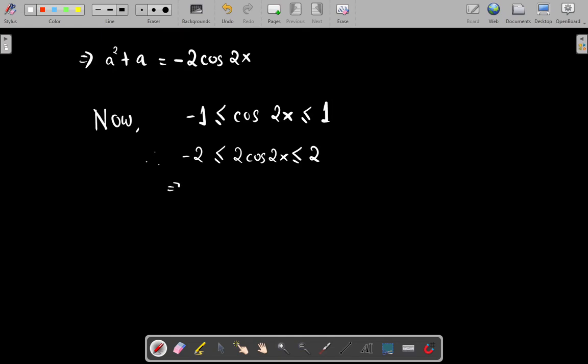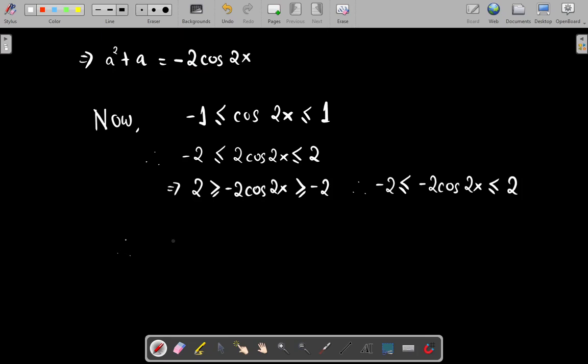If I multiply this whole inequality by minus 1, only the sign will change, and in theory nothing has changed between these two. So this is identical to minus 2 less than or equal to minus 2 cos 2x, which is less than or equal to 2. So this is the range of the right hand side of this equation.